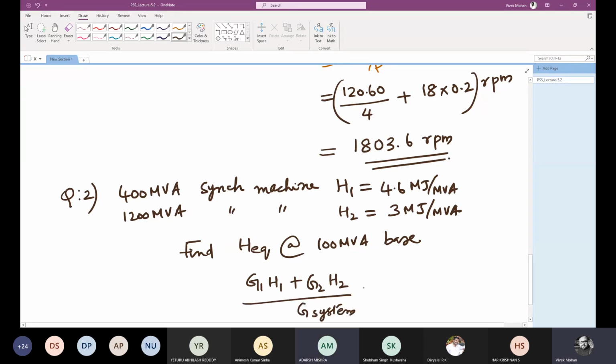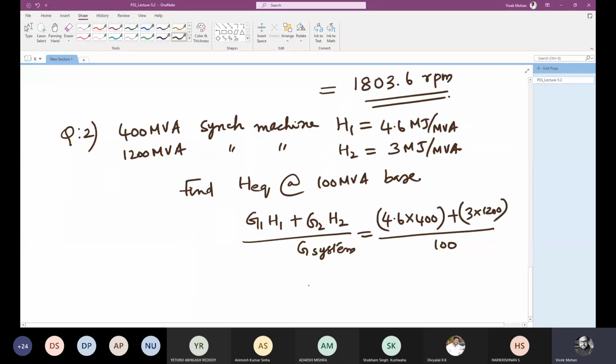So this is 4.6 into 400 plus 3 into 1200, divided by 100 MVA base, which is equal to 54.4 megajoules per MVA.